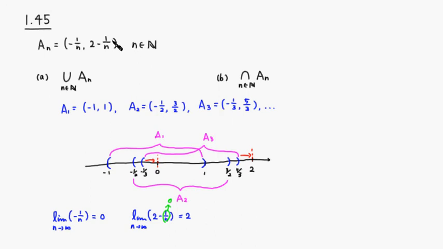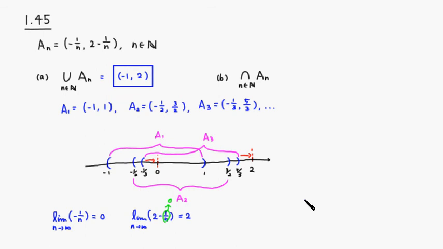This is an open interval, and even though the expression is approaching 2, it never becomes 2, so we have to exclude 2. And since this is an open interval, we have to exclude -1 as well. So this is the union of all those A_n.